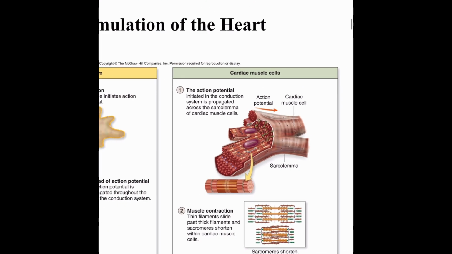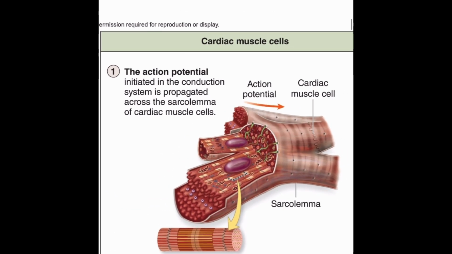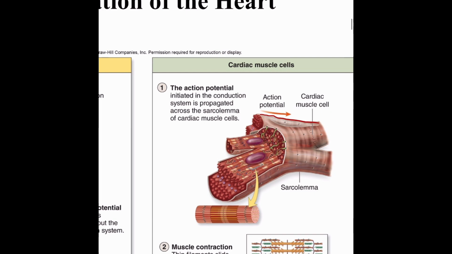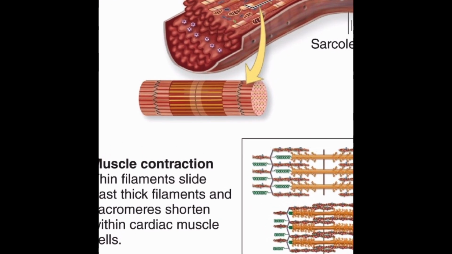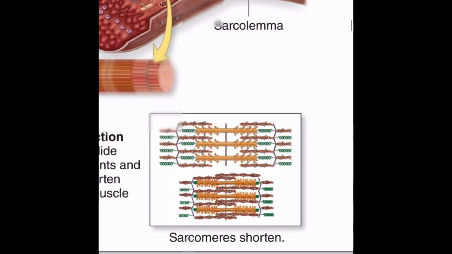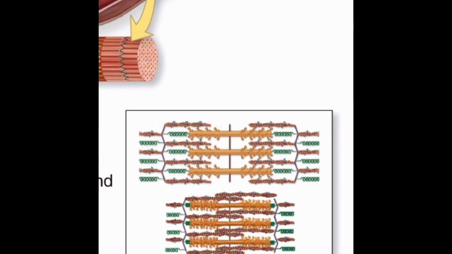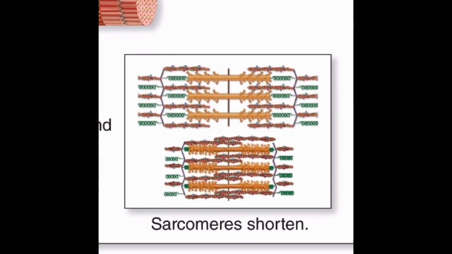And then, once the action potential has been initiated by the conduction system, the sarcolemma will propagate it, right? So the action potential will go across these, and the muscle contraction will occur, which are these filaments, thick filaments and thin filaments, and they will contract.